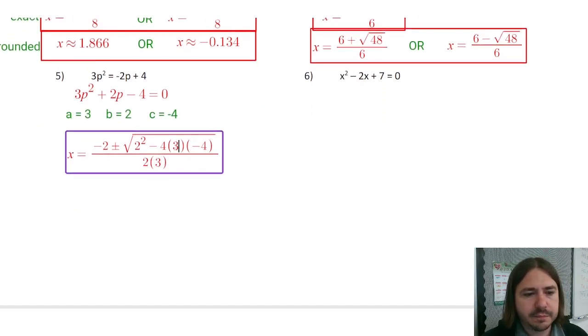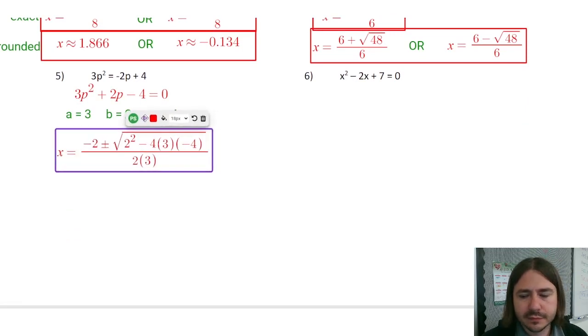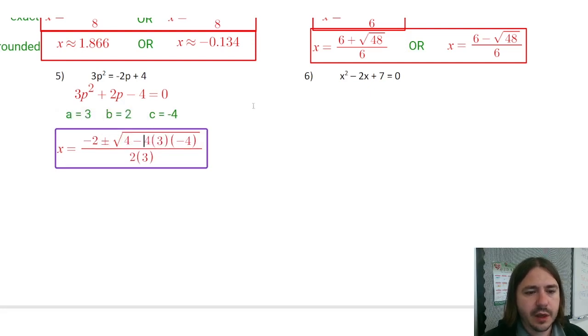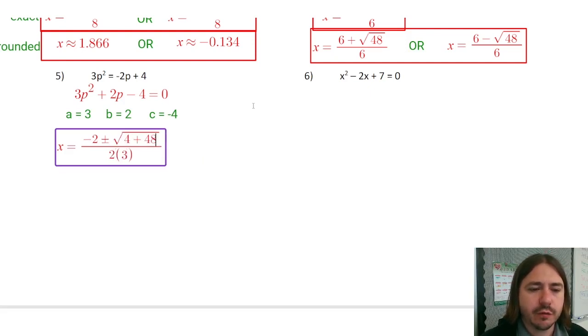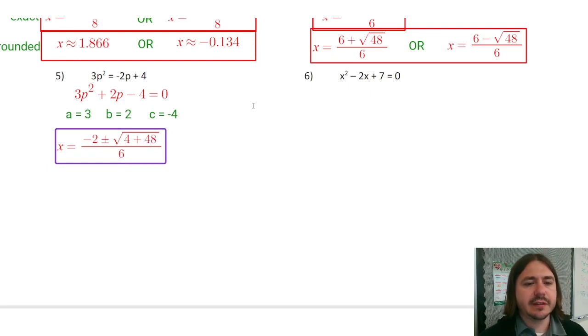And now we can evaluate. So let's see here. -2, well, that's just it. 2 squared is going to be 4. Negative times a negative, so I know this next term is going to be positive. 4 times 3 is 12. Times 4 is 48. So it should be 4 plus 48, all divided by 6.